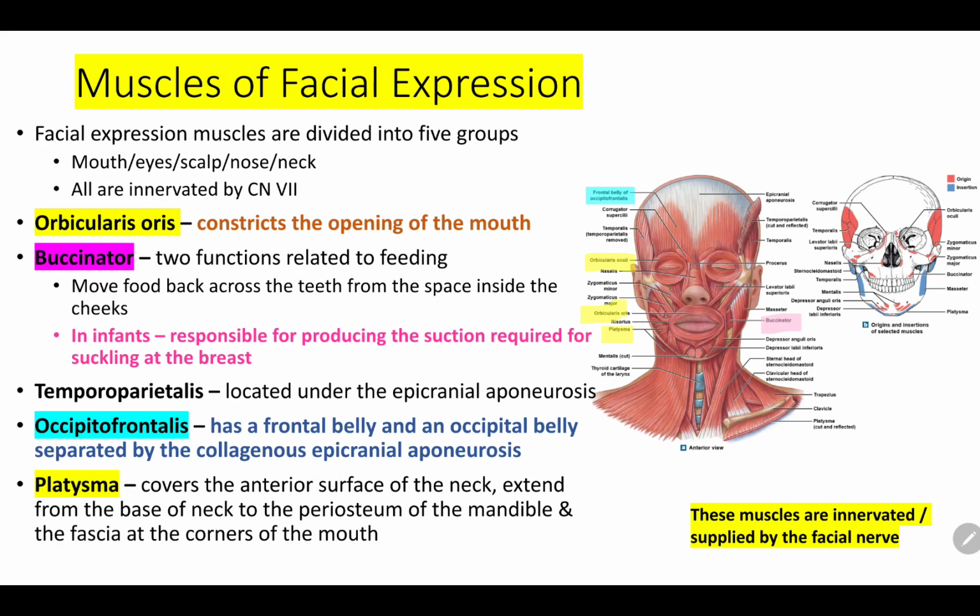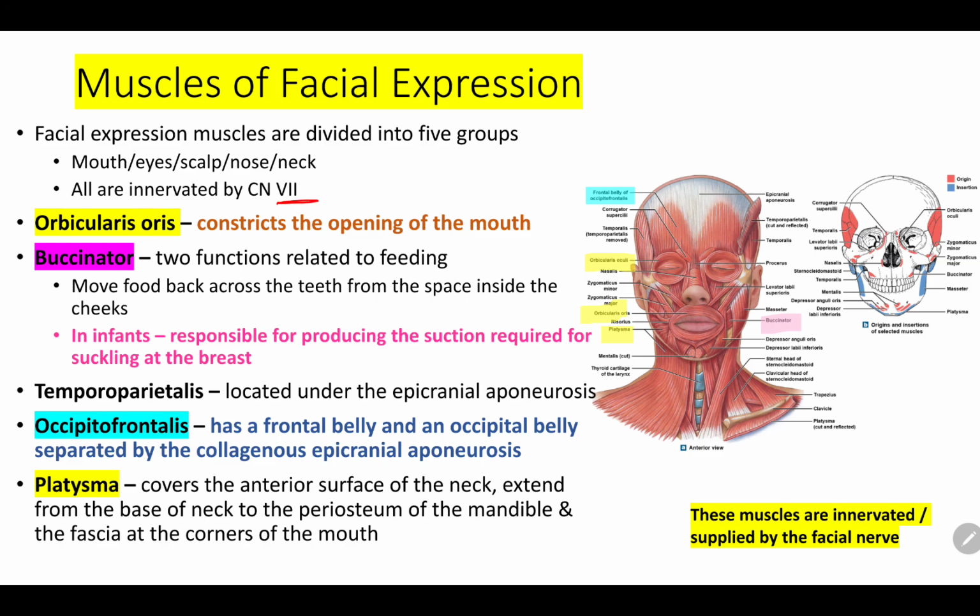Now, when we're looking at some axial musculature, remember the muscles of facial expression. Write these down, okay? These muscles of facial expression are going to be divided into 5 groups: the mouth, the eyes, scalp, nose, and neck. All of these muscles are going to be innervated by cranial nerve number 7.